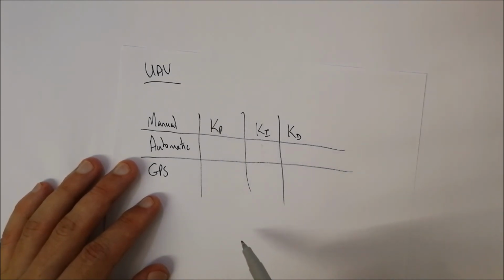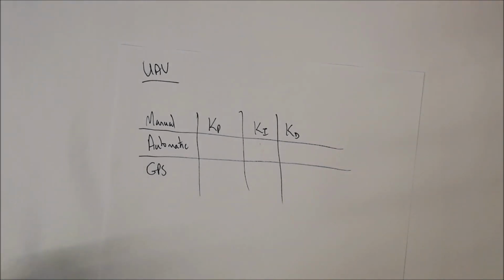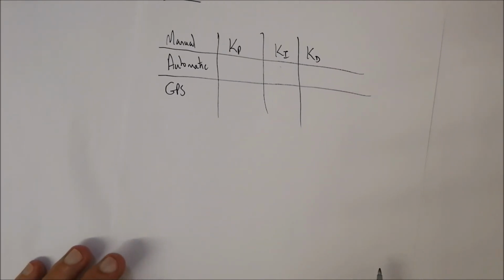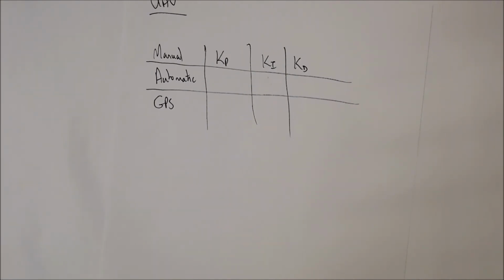Okay, so with what we've now looked at, we're going to be implementing a very similar type of system in programming. I'll show you how to write the code for that when we get to that part of the videos. You will see I've actually got the KP, KI and KD values as variables.